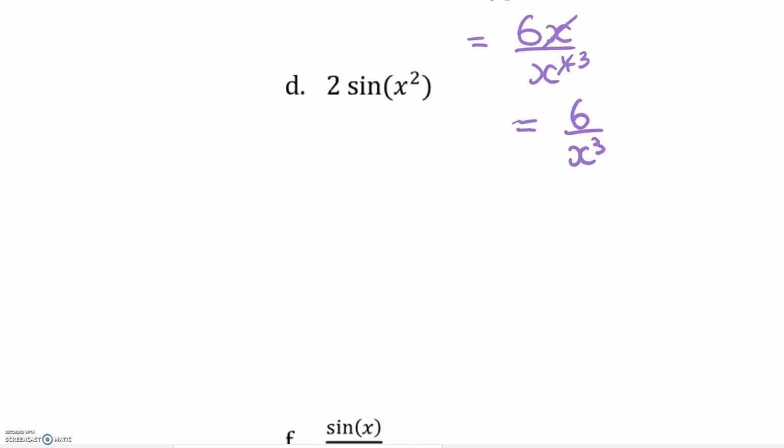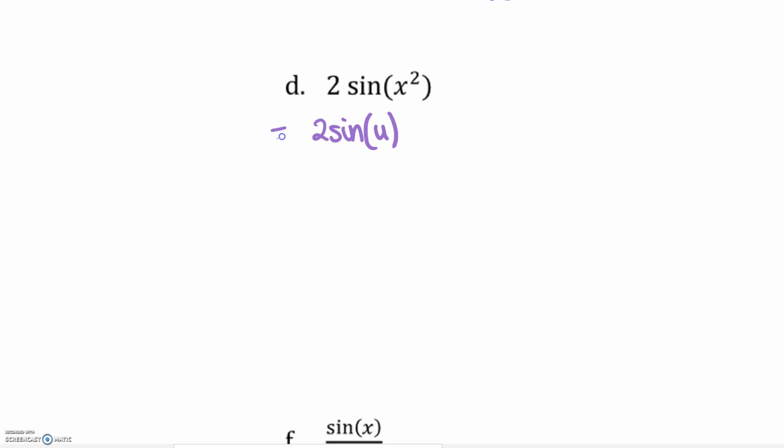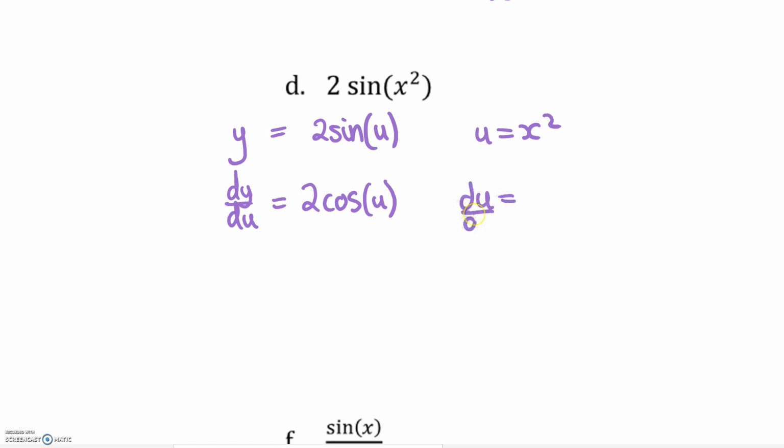So this one over here, the main thing with this, I mean, look, we can chain rule it. So we can see this as 2 sine u. I'm just going to get rid of this from here. 2 sine u is our y in this case, and our u is x squared. And then we can just chain rule this one. So in this case, we're going to get dy by du is equal to 2 cos u, and we're going to get du by dx is equal to 2x.